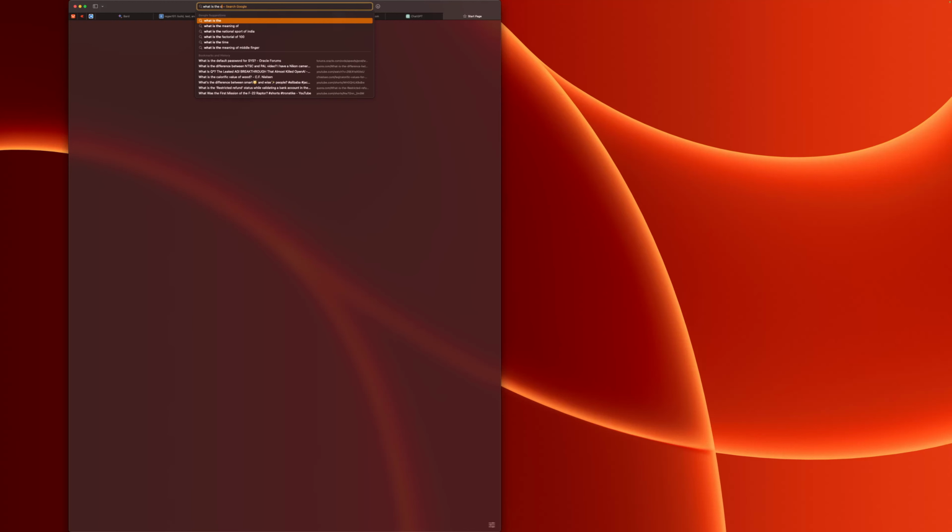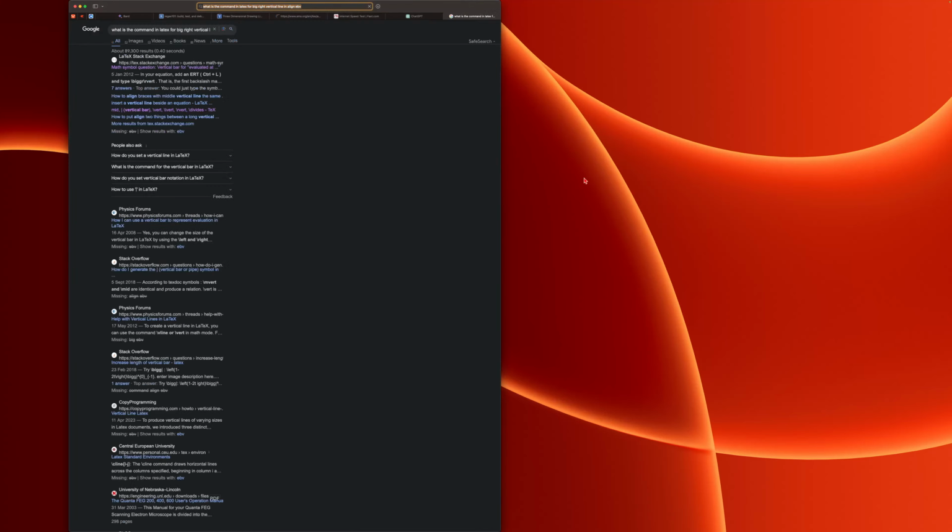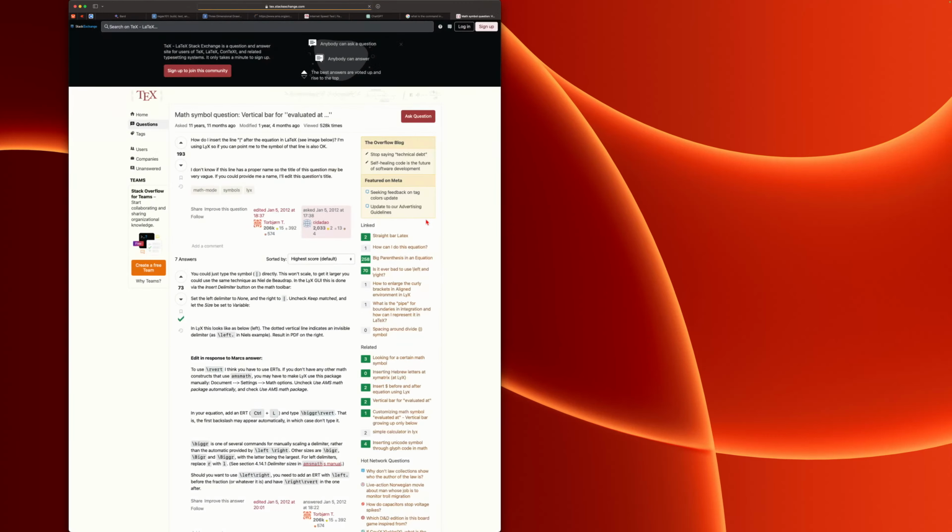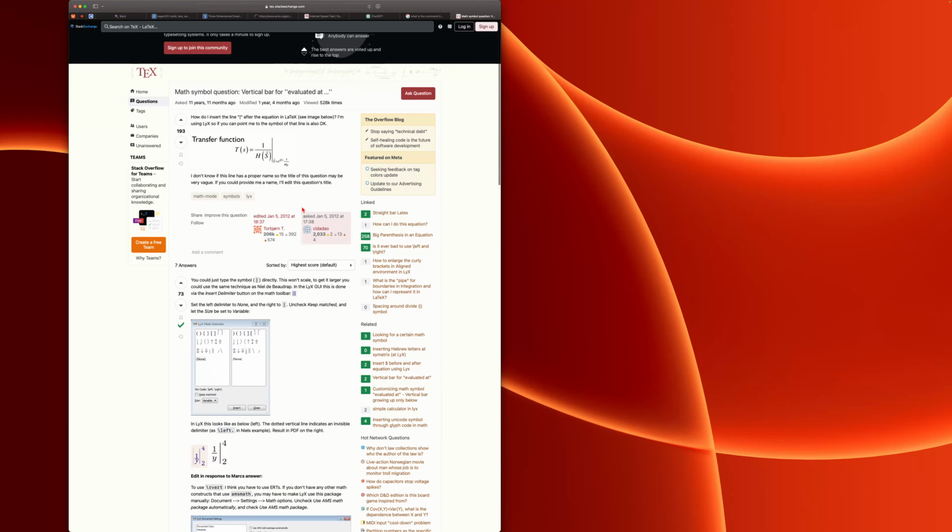What is the command in LaTeX for a big right vertical line in the align environment? Yeah, this is what I want.